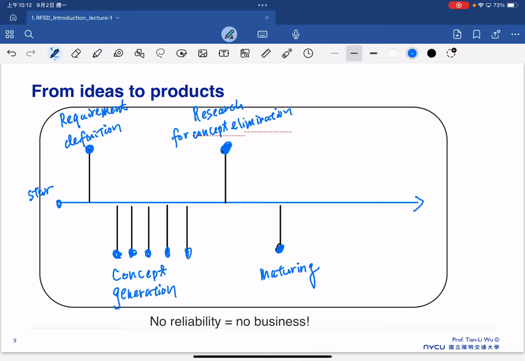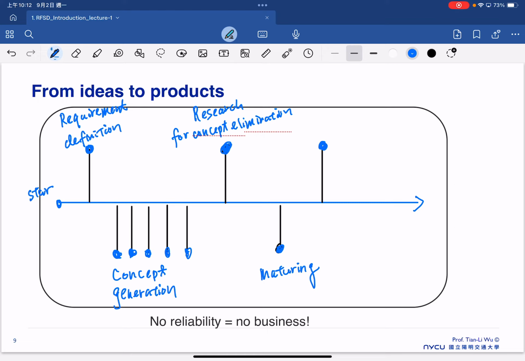So you will start to make more progress, to make sure that the concept can work. And after a while, you will have the technology qualification.